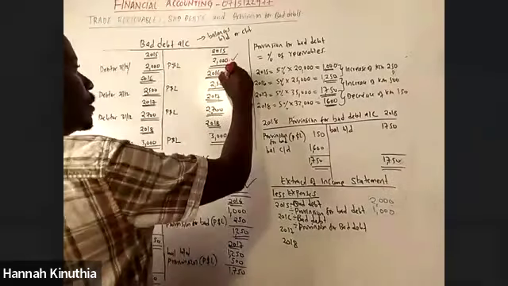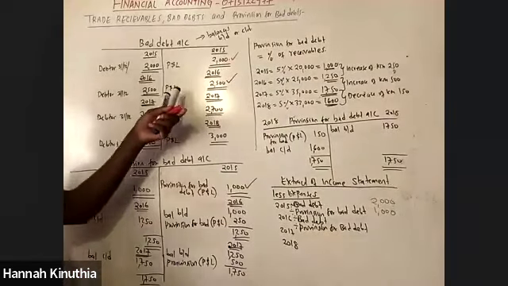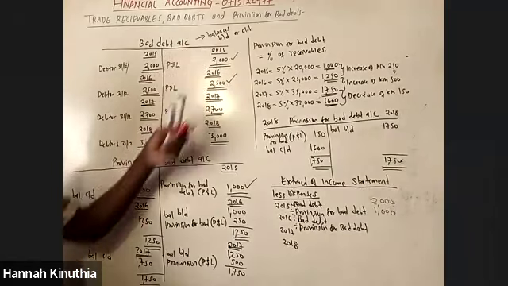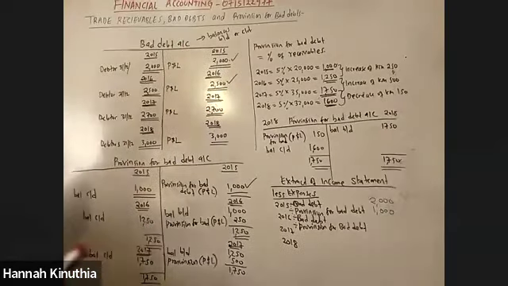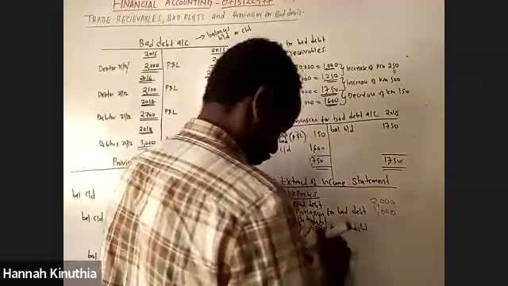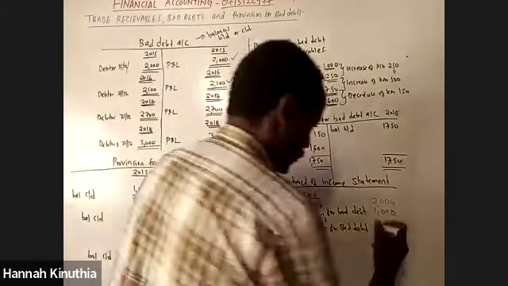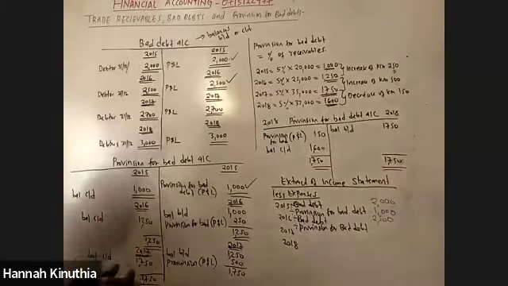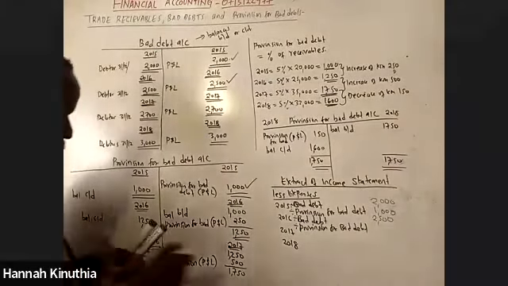Bad debt is here. So we say we have credited in the bad debt but it goes to the income statement as an expense. So how much? 2,500. 2,500. Okay, provision for bad debt is here.